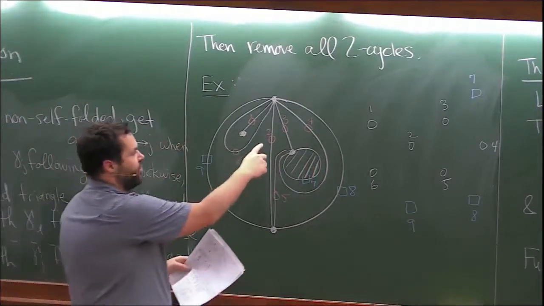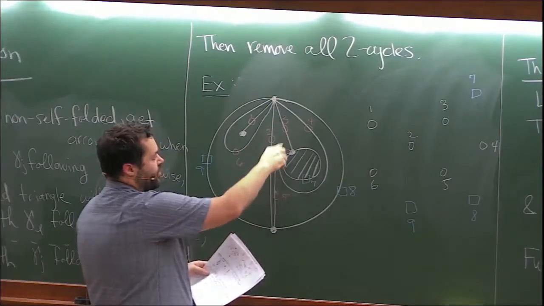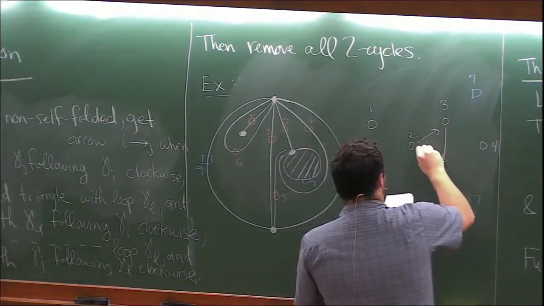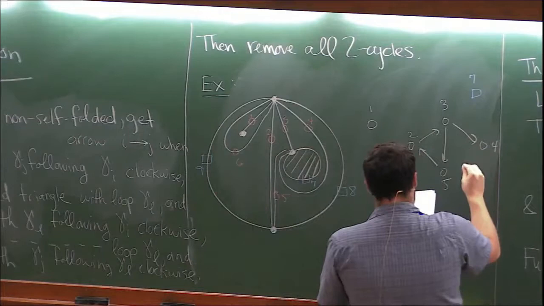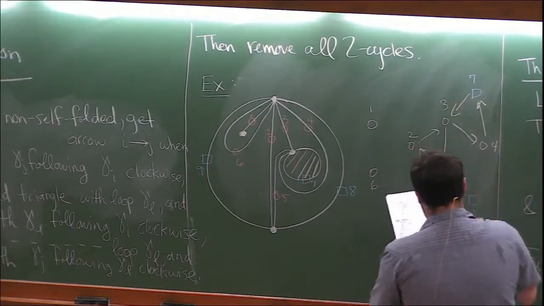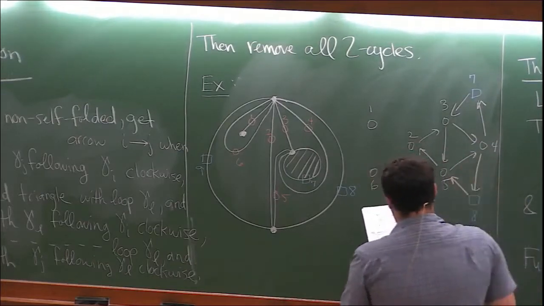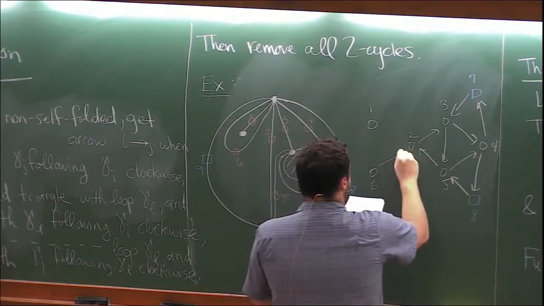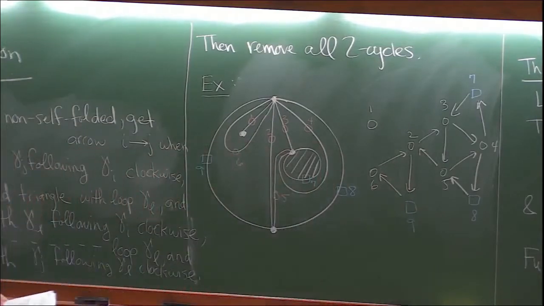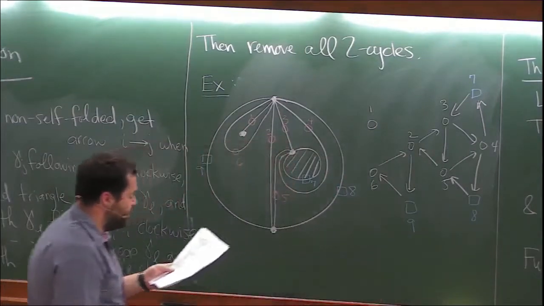And just to show you one of them, 2, 3, 5 gives us a triangle, a cycle. So that's this one. And I can continue doing this. So I get one like that, I get one like this. As I said, I'm just going quickly through the ones that don't involve the self-folded triangle. Okay, so I've done everything that doesn't involve a self-folded triangle.